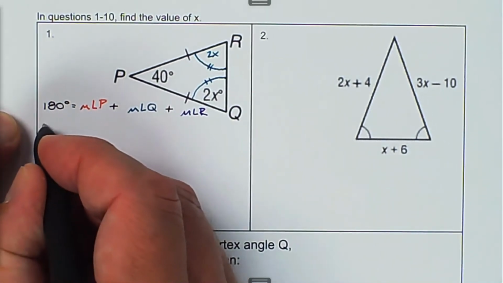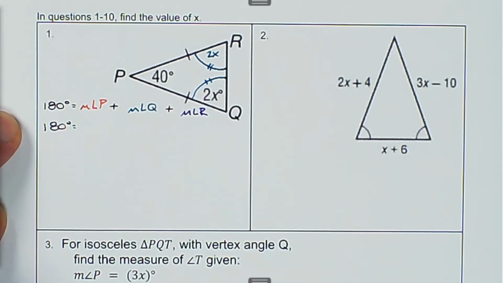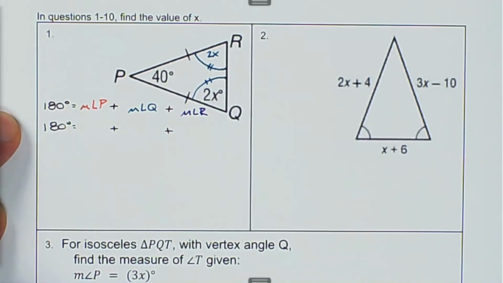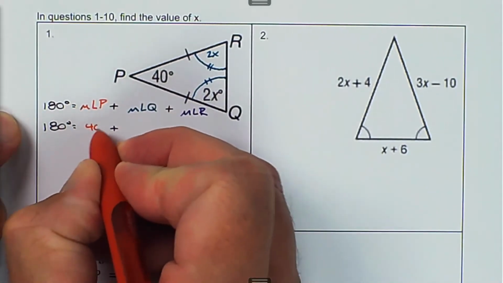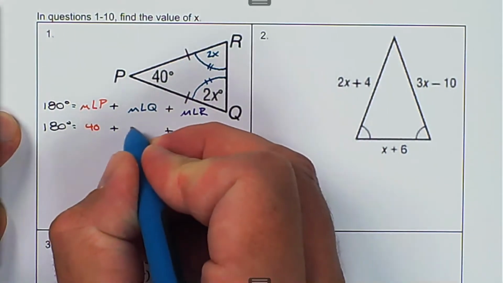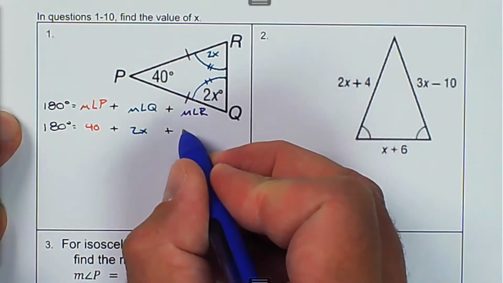Now we can substitute the values in that we know. Measure of angle P is 40 degrees. Measure of angle Q is 2x. And measure of angle R is also 2x.